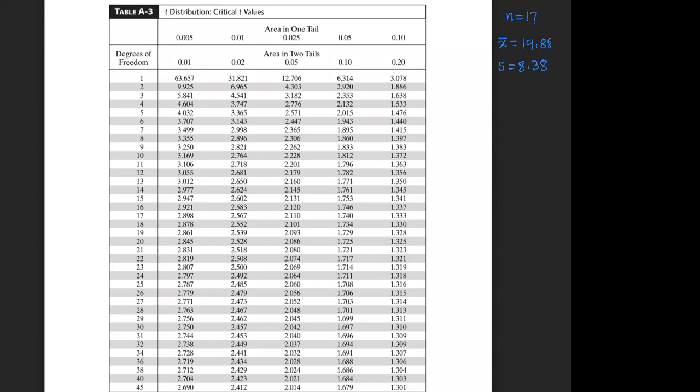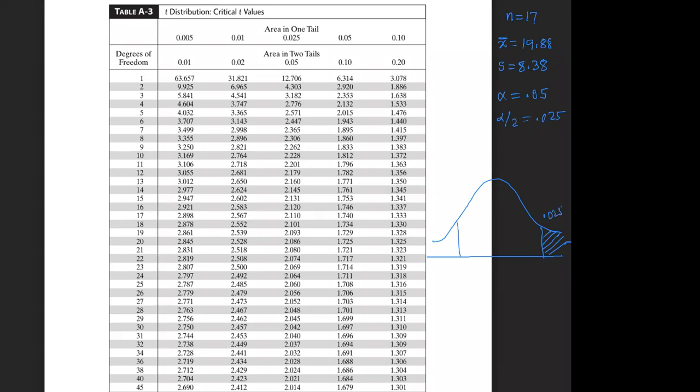Now, let's go ahead and do this. So alpha is 1 minus confidence level, alpha is 0.05, because 1 minus 0.95 is 0.05. So alpha over 2 is going to be 0.025. Again, we draw the t-distribution curve. Area to the right is 0.025.